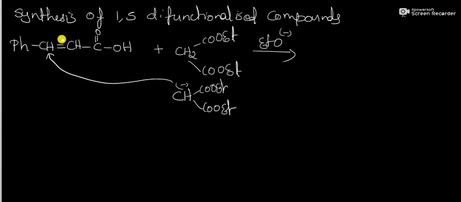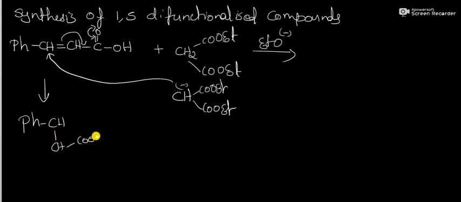That is 1,4 addition, the double bond will shift to this bond and this double bond will shift to oxygen, and when it returns back, this double bond will shift to this carbon and we get PhCH, which is connected with the CH(CO2Et) twice, and here CH2COOH.